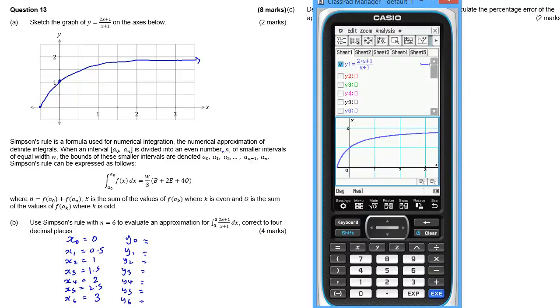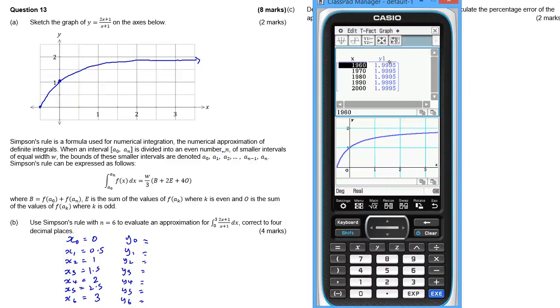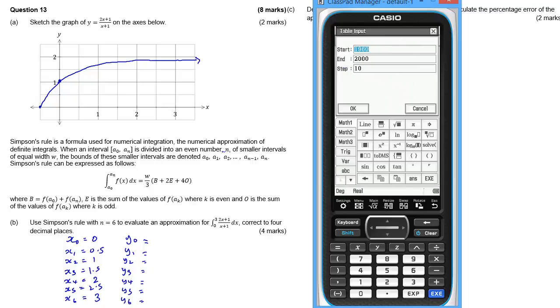So with the same function I'm going to produce a table, and we're going to start the table at 0 and we're going to end it at 3. That's the end of the integral, and with a step of 0.5.